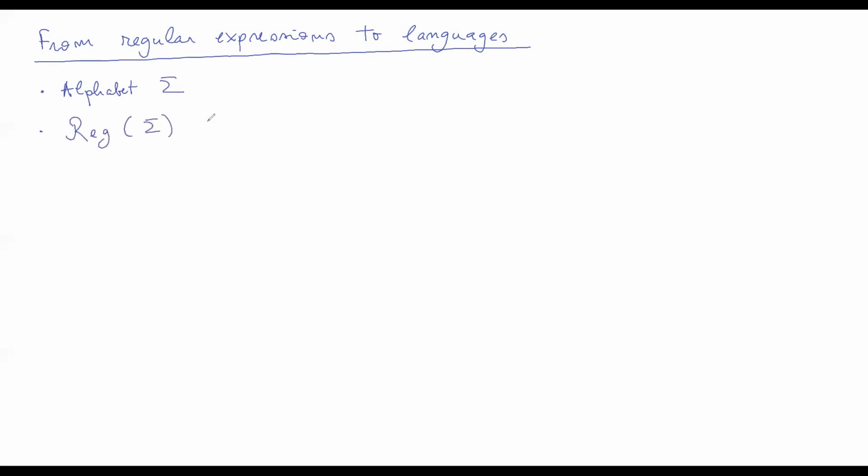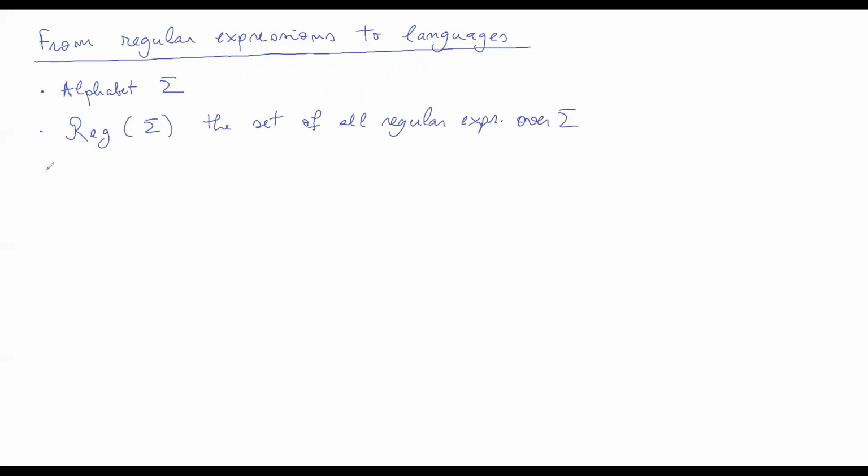So I want to define a mapping from the set of regular expressions to languages. So if I have alphabet sigma, I have the notation Reg of sigma is the set of all regular expressions over sigma.